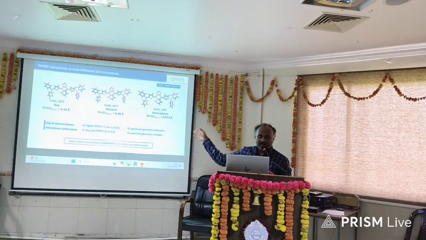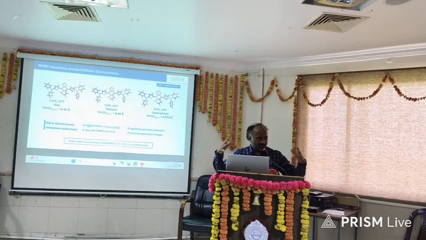That energy loss is more in the gas phase. But the moment you go to the amorphous, that means the presence of other molecules, it came down to 0.014. So that means in the presence of these molecules, it doesn't have much flexibility to change the structure. So we can suppress the energy losses in the presence of the other molecules.